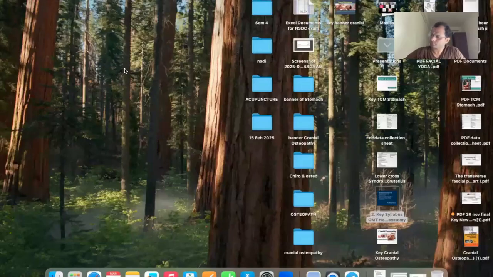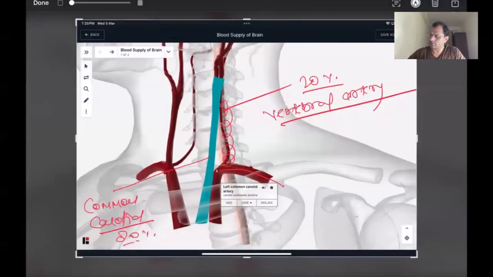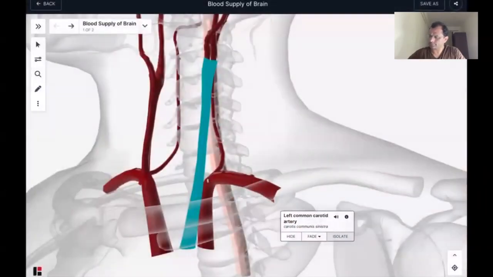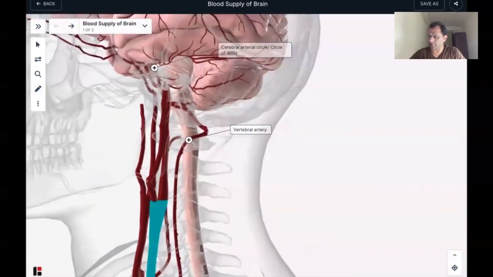So one is the front side artery, that is the carotid, and one in the back side, that is the vertebral artery. The carotid artery is also very important here. On the front side, this is the carotid artery.